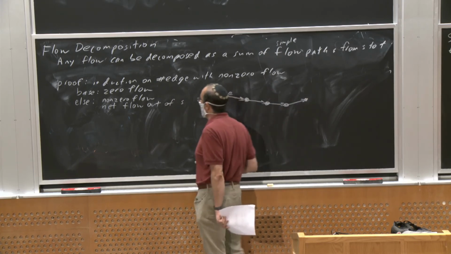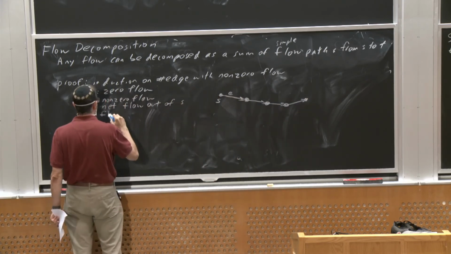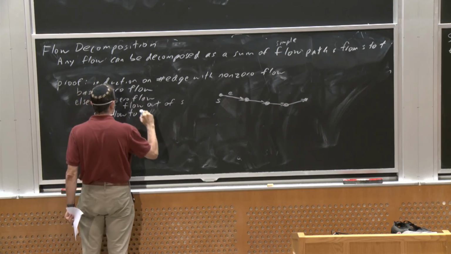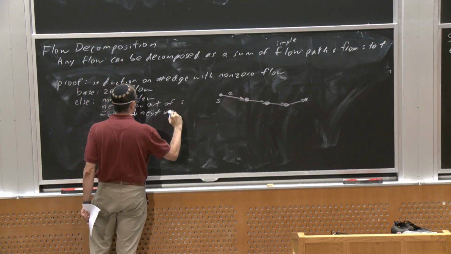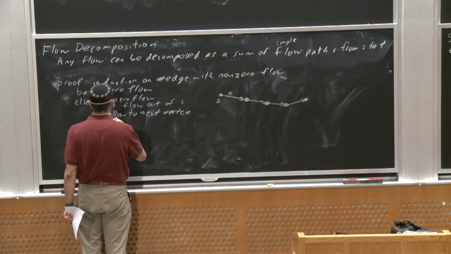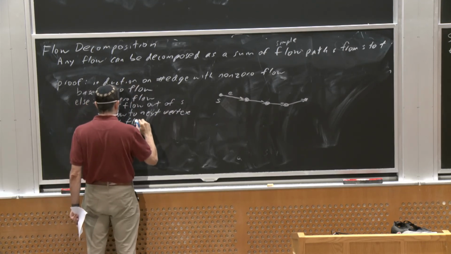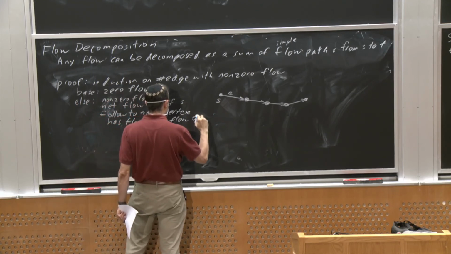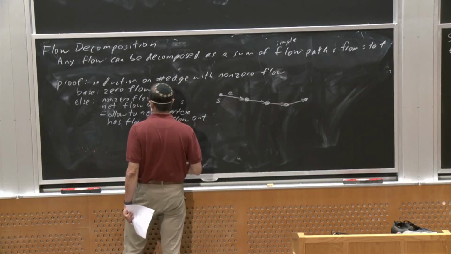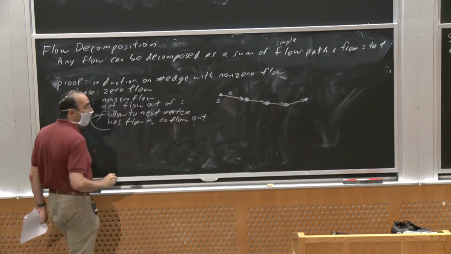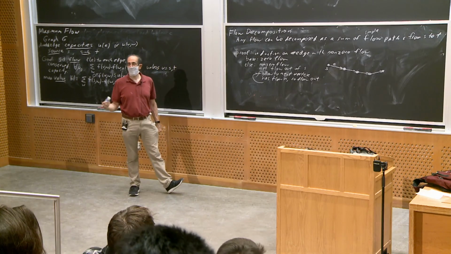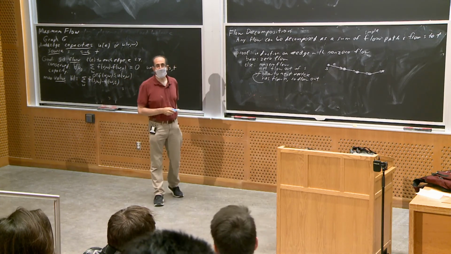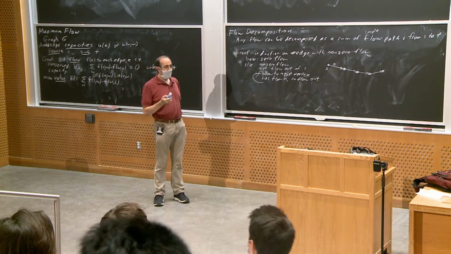How long can we keep doing this? Follow to a next vertex. That vertex has flow in, so there's flow out. So we'll follow that. We'll keep following vertex by vertex, flow out, flow out, flow out, until something interesting happens.